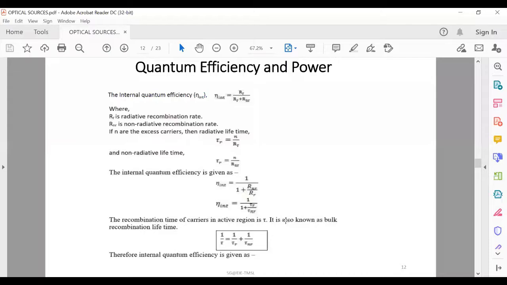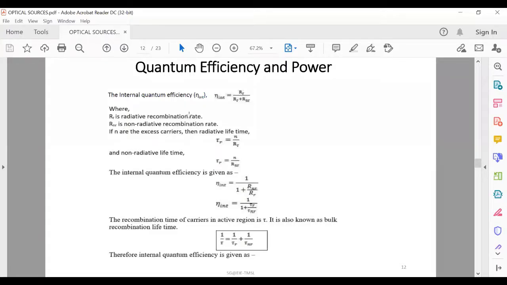The internal quantum efficiency, eta int, is defined as the ratio of the radiative recombination rate to the total recombination rate, where the radiative recombination rate is R small r, and R small nr is the non-radiative recombination rate.